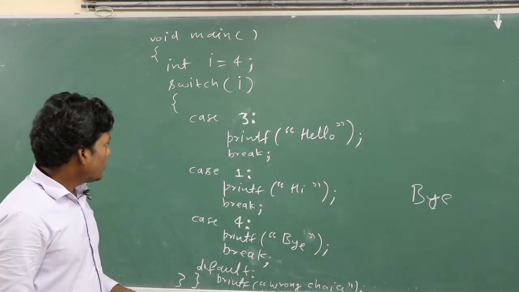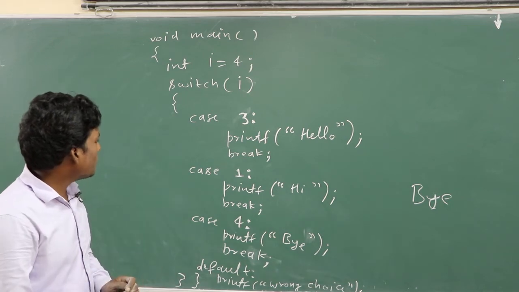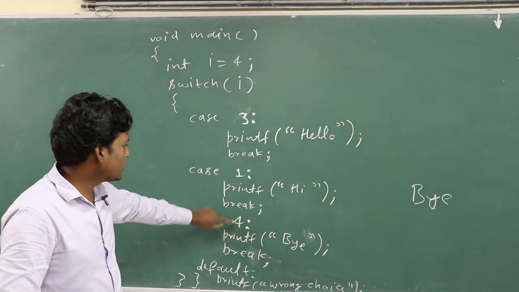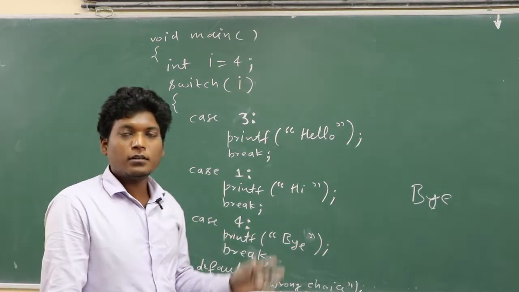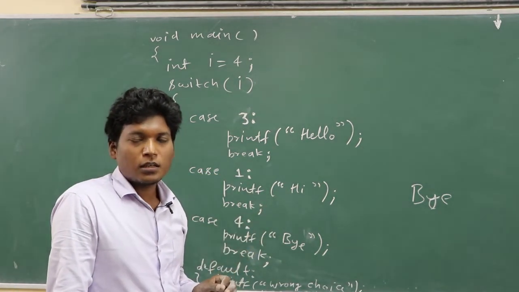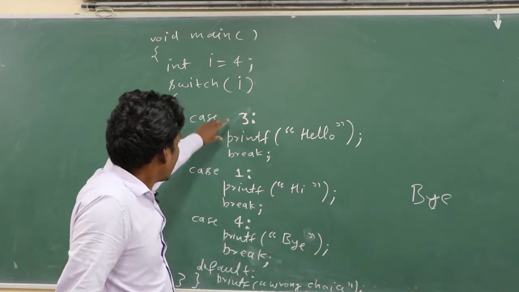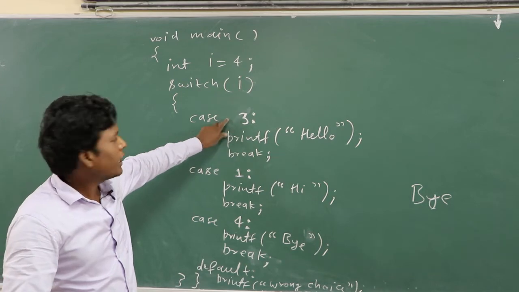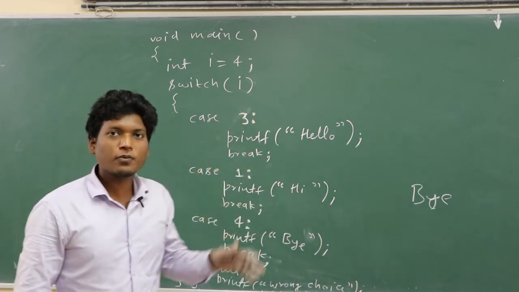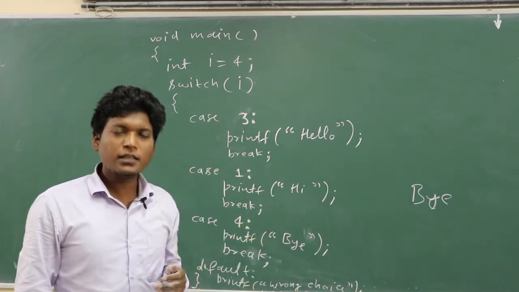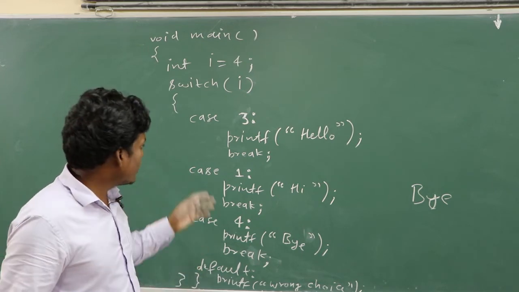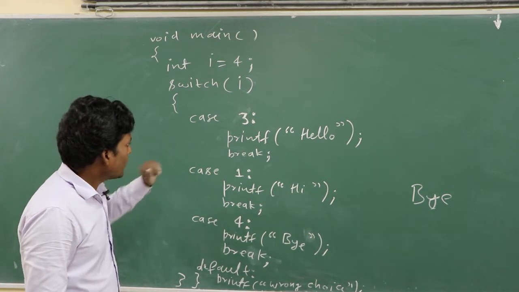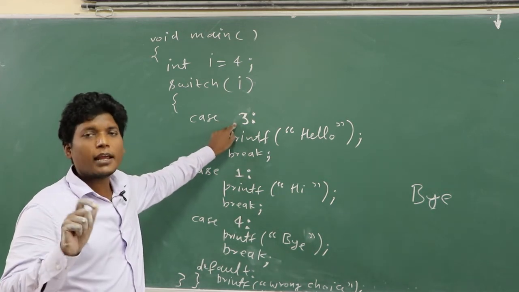Okay, class, in this program there is one thing more. Here is 3, here is 1, here is 4. Means there is no need of ordering in case. It's not necessary that cases will be in increasing order, case 1, case 2, case 3, case 4, case 5, case 6. There is nothing as such. You may write any case at any place.